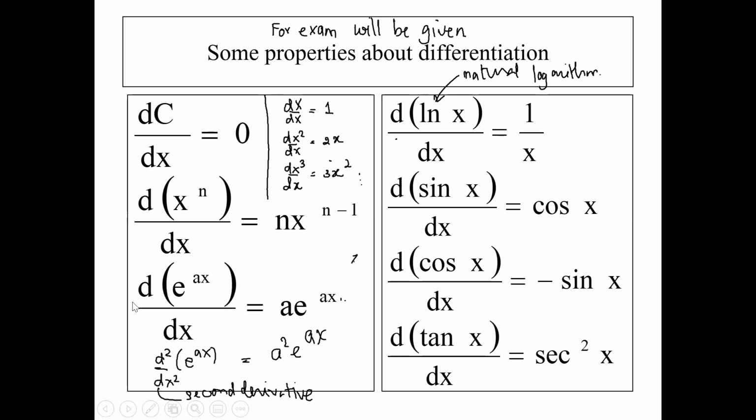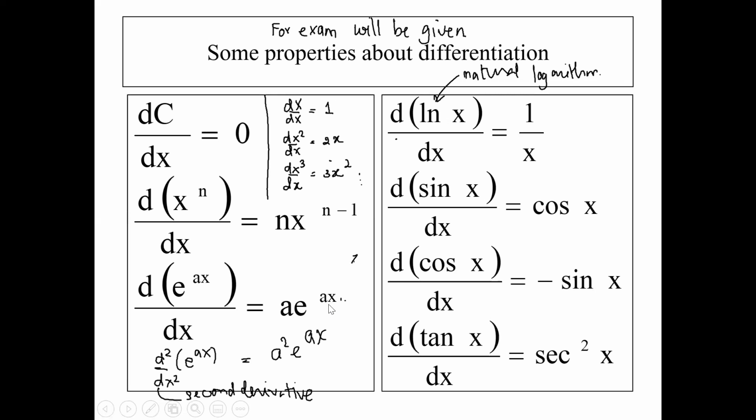Now, if you have the exponential, d e to the ax by dx, the derivative of e to the ax gives the same value, but because it has ax, you get a in front. So d e to the ax by dx is a e to the ax.